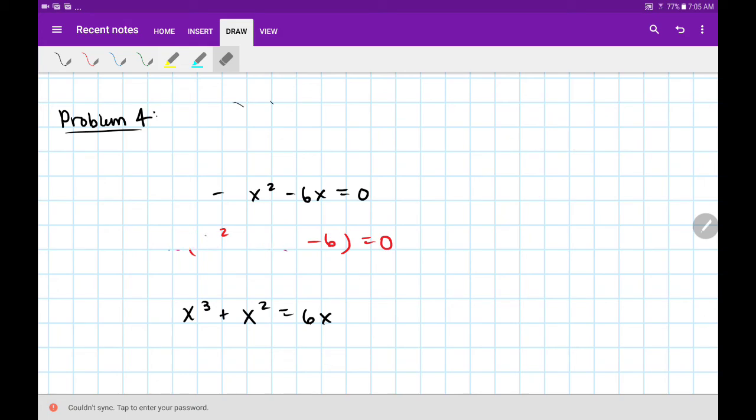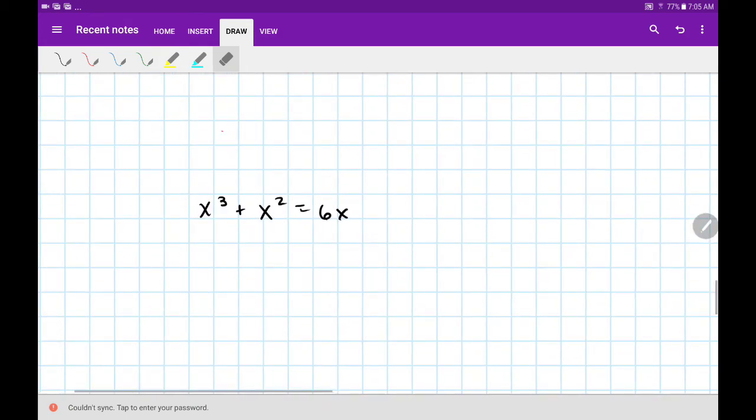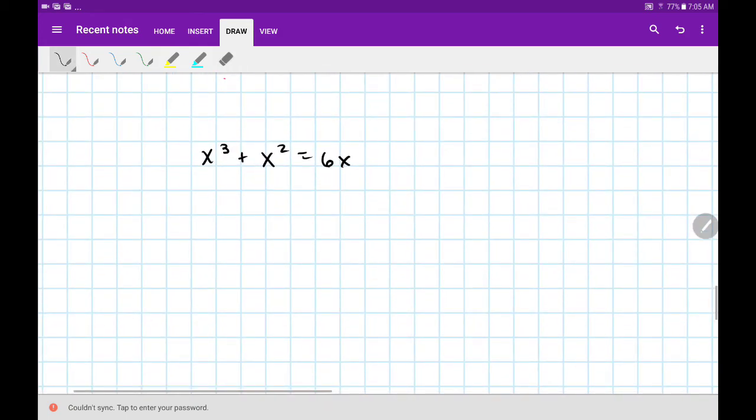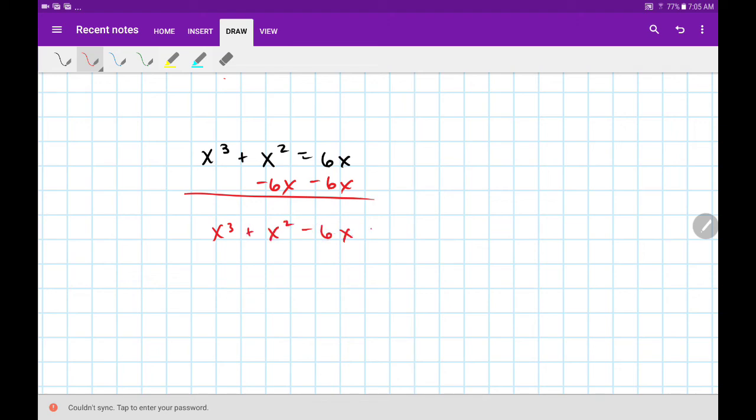Sorry. Okay. So we're going to bring everything to the same side, as mentioned before. Again, that 6x doesn't combine with anything. There are no like terms. And then we realize that we can use greatest common factor by pulling out an x from every term.